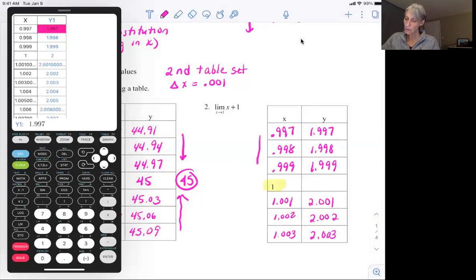As I plug in numbers that get close to 1, what's happening to your Y values from either side? They're getting close to what number? 2. Again, it matches what I get when I plug in 1, but we're not going to get too concerned right now.